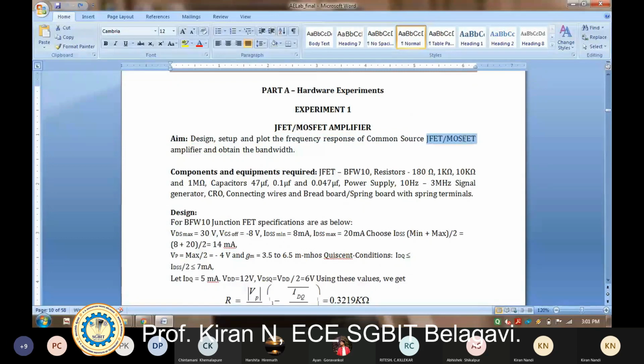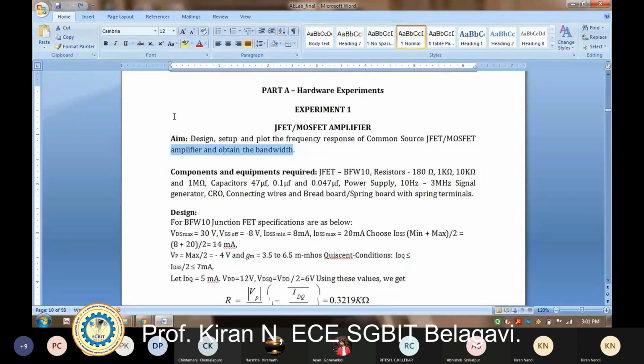So here we are going to perform an experiment on JFET, that is junction field effect transistor, or we are using MOSFET, metal oxide semiconductor field effect transistor. Either one component we are using and doing the experiment.